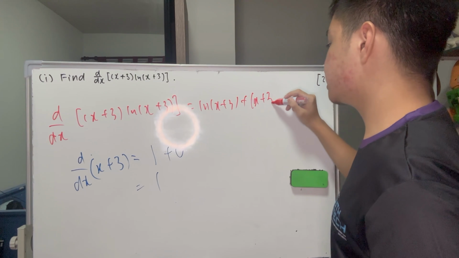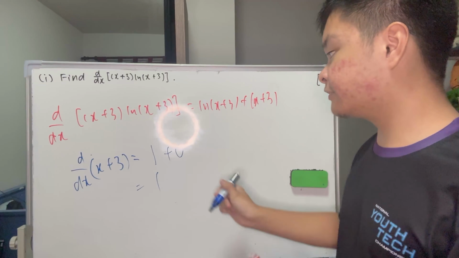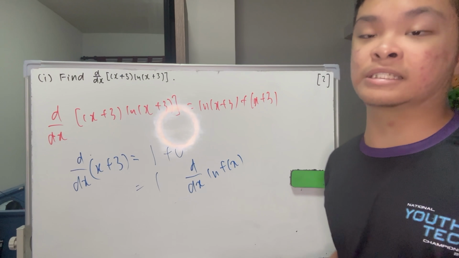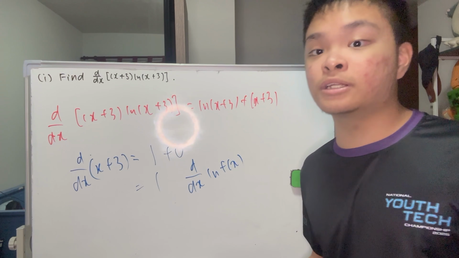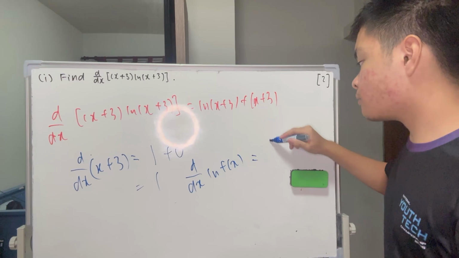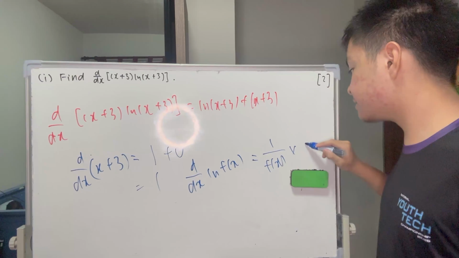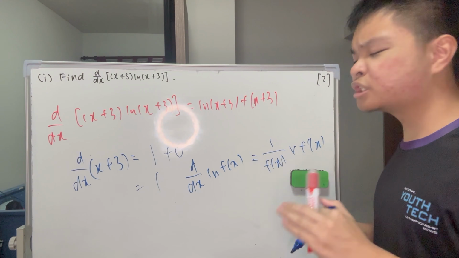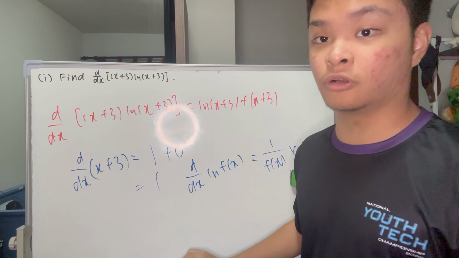We have x plus 3, and if we want to recap our basics of differentiation, if we differentiate ln of f of x, where f of x is just a function of x, can be 2x, x squared, e to the power of x, anything related to x, it's going to be 1 over f of x times f prime of x. So we differentiate the f of x. Actually, this is just your chain rule, but this is a specific example to use when dealing with ln.